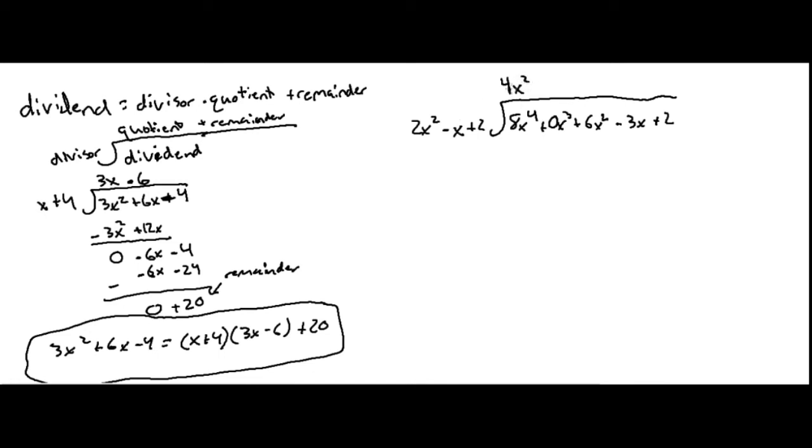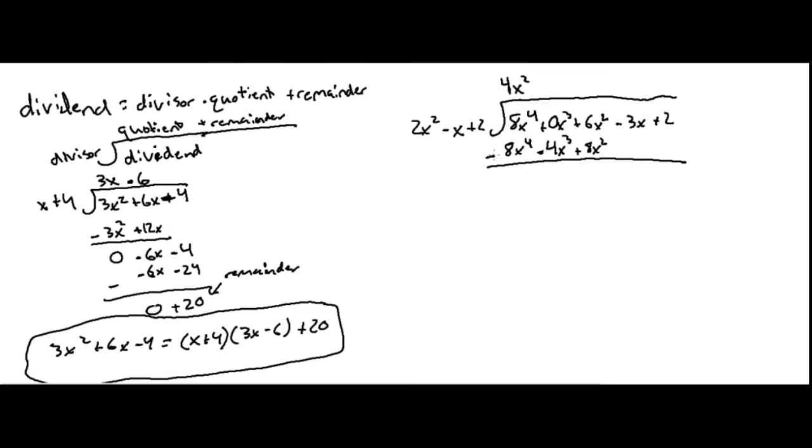Now we're going to take this 4x squared and multiply it by our divisor. So 4x squared times 2x squared is 8x to the 4th. Now negative x times 4x squared is negative 4x cubed. And now 2 times 4x squared is positive 8x squared.